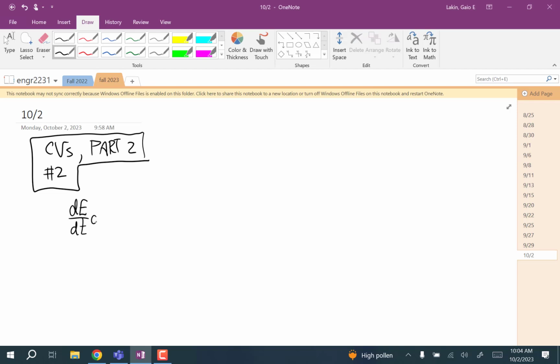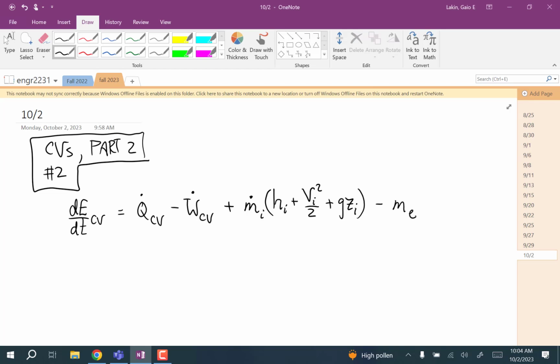d dt of E is equal to Q dot for the control volume minus W dot for the control volume plus m dot i times the quantity h i plus v i squared over 2 plus g z i, minus m dot exit times the quantity h exit plus v exit squared over 2 plus g z exit.